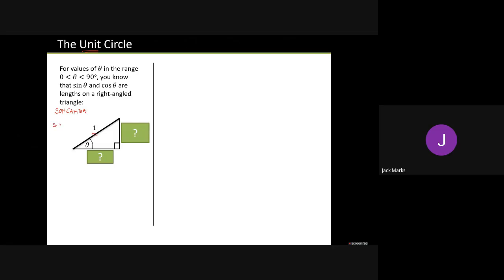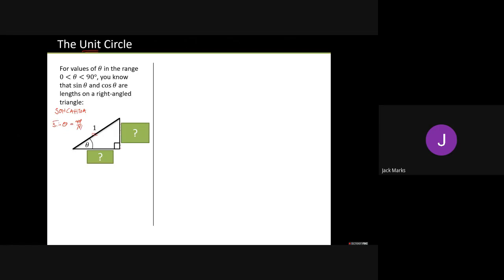Sine of theta. Why am I doing this? I'm just showing you what happens when you have a 1 here. Sine theta equals opposite over hypotenuse. The opposite side here is this part, isn't it? The height. So I'm going to say the opposite, and it's over the hypotenuse, but the hypotenuse is just 1.